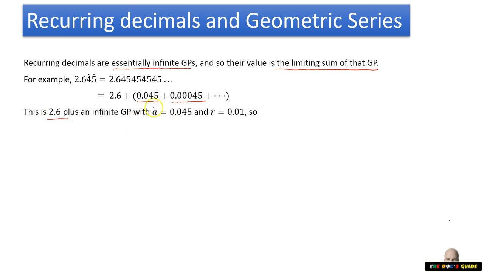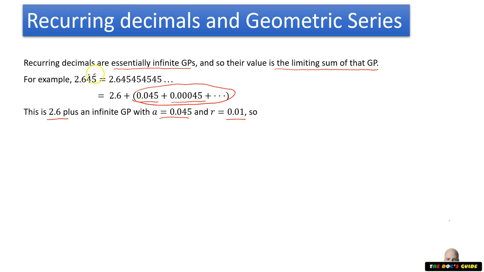an infinite GP, so that's this part here, with A equals 0.045 and the common ratio being that we're multiplying or dividing effectively by 100. So R is 0.01.